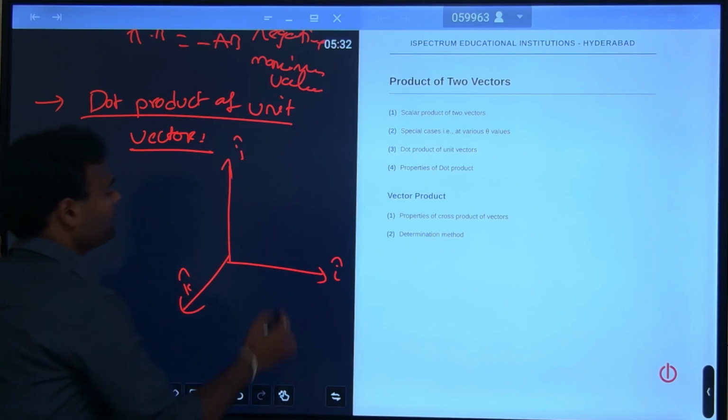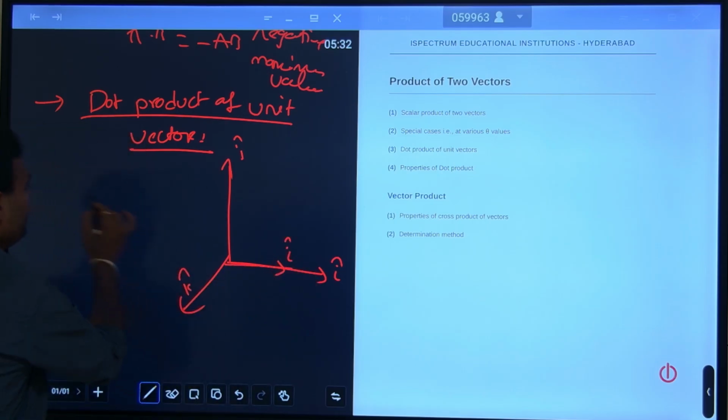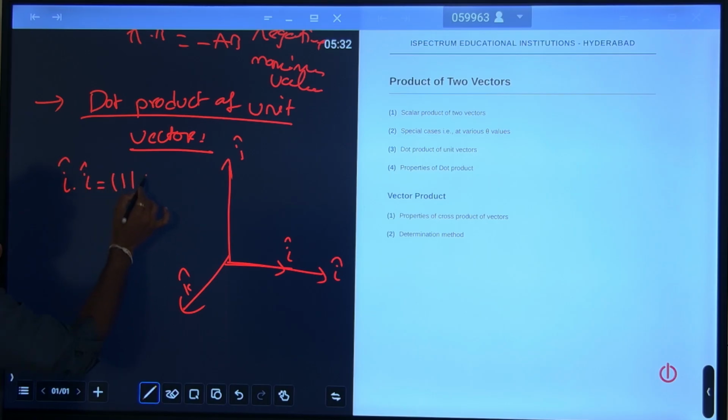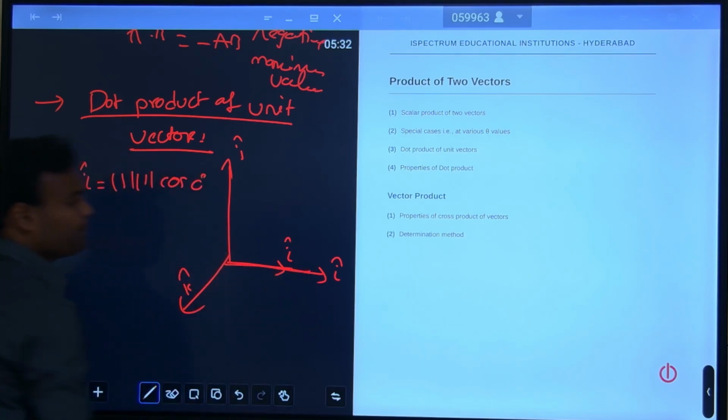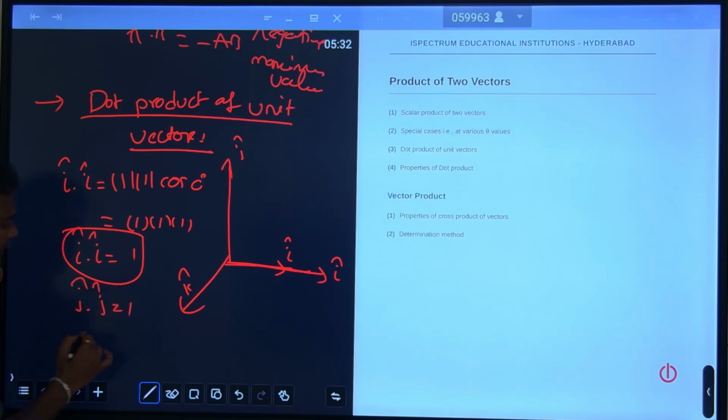Now, if I am multiplying one more i here, that means i dot i is equal to 1 cos 0 degrees, because i and i both are parallel to each other. Obviously the angle between these two is 0 degrees. Then 1 into 1, that means i dot i is equal to 1. Similarly, j dot j is equal to 1, k dot k is also equal to 1.